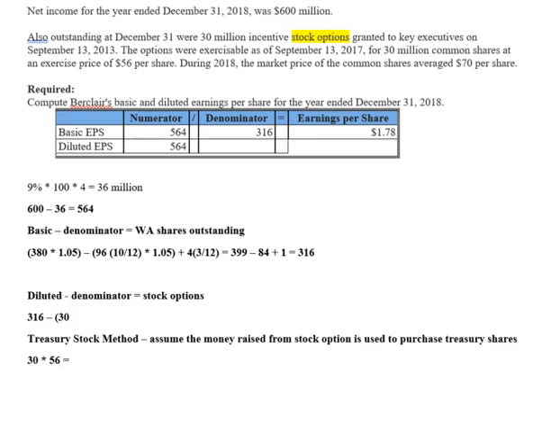So when we take 30 times 56, we get 1,680, in millions. Then we divide that because we assume we use it to purchase shares. What do we divide it by? The average price of our share for the year. Our average share price was $70. When you do that, you get 24 million.